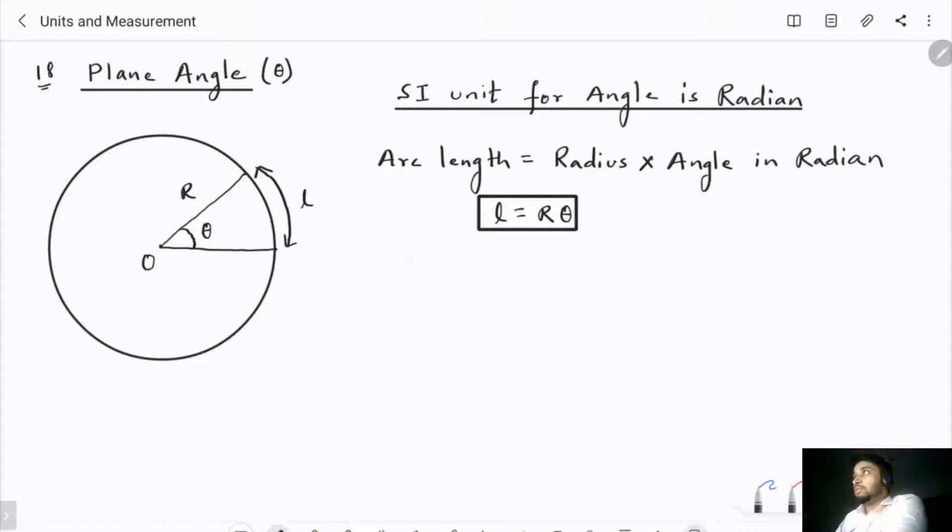Now if we see the angle in radian, theta becomes L by r. So it is the ratio of arc length and radius. So if you try to write the dimensional formula for theta, it will be same as the dimensional formula for length by radius.